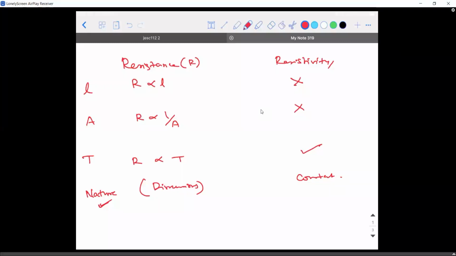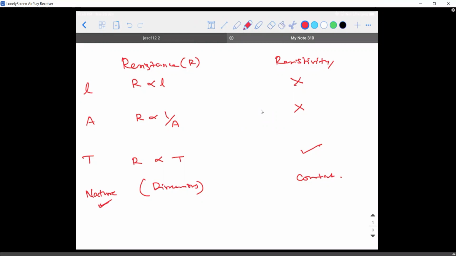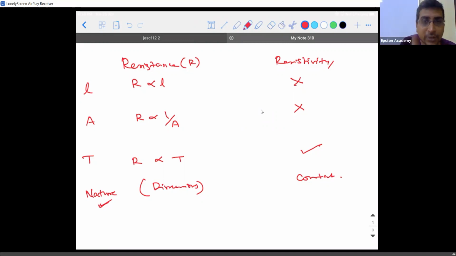It will increase, sir. So initially the distance was small. If I try to move it further, it increases. But what do you think will happen to resistivity? It will remain the same, because you're talking about the same copper wire. That is what I meant by resistivity of a material is always constant. It is independent of length.